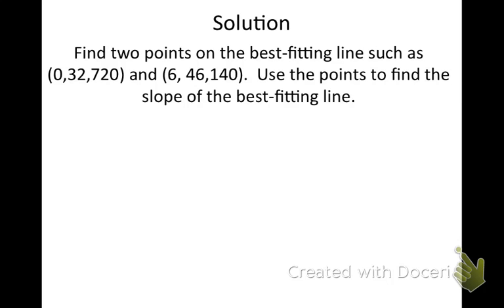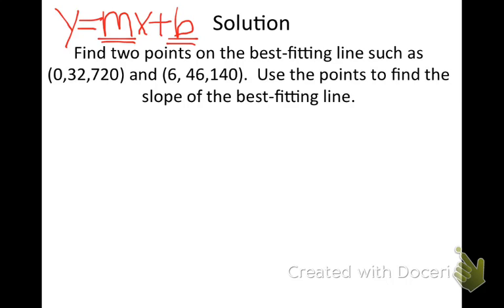Remember, when we're trying to find our line of best fit, we're trying to write an equation that's in slope-intercept form. Slope-intercept form is y equals mx plus b. So we need to determine what the m is and what the b is. M is your slope.